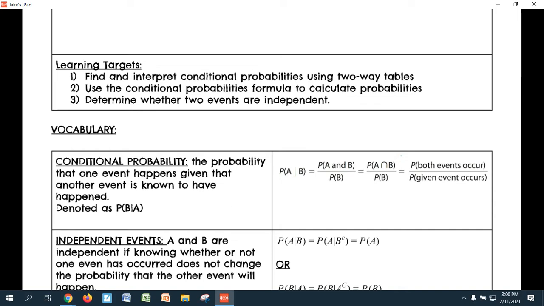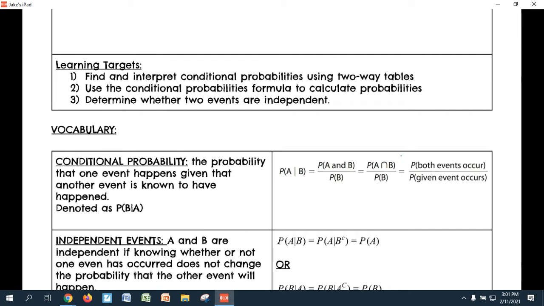First, we're talking about conditional probability. That is just the probability of something occurring given that one event already occurred. An example would be, given that it snowed 6 inches tonight, what's the probability that we will have a snow day tomorrow?